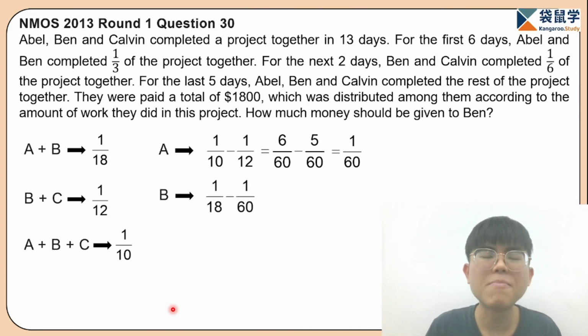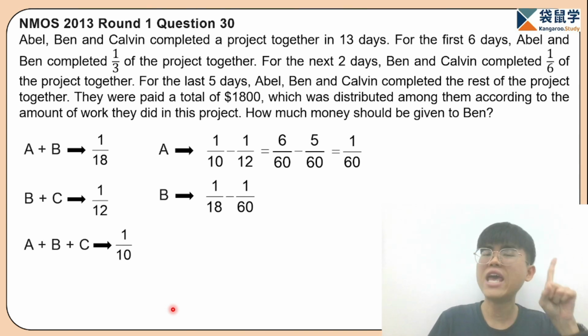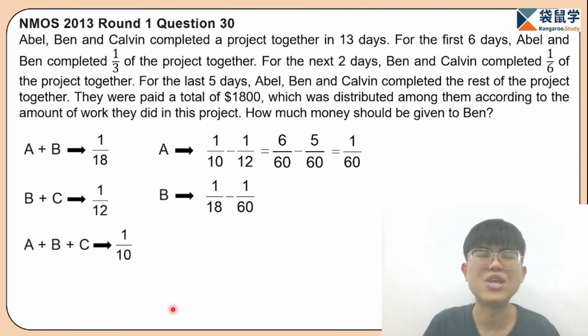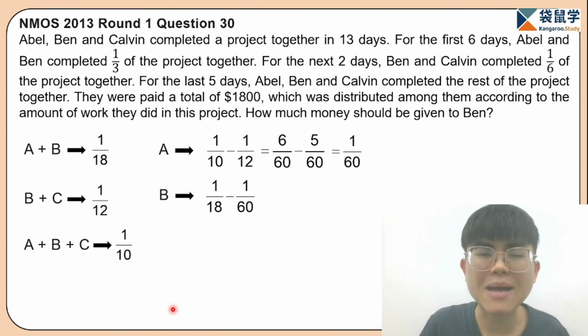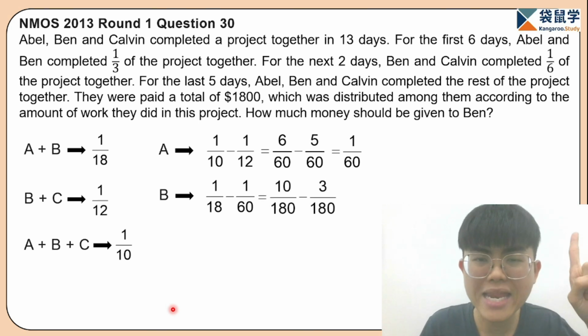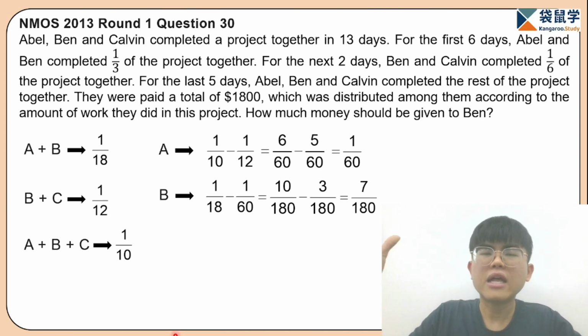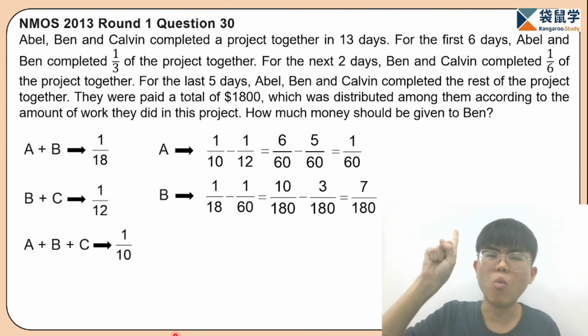We have 1 over 18 minus 1 over 60. First, change them to the same denominator, 180. So we get 7 over 180.